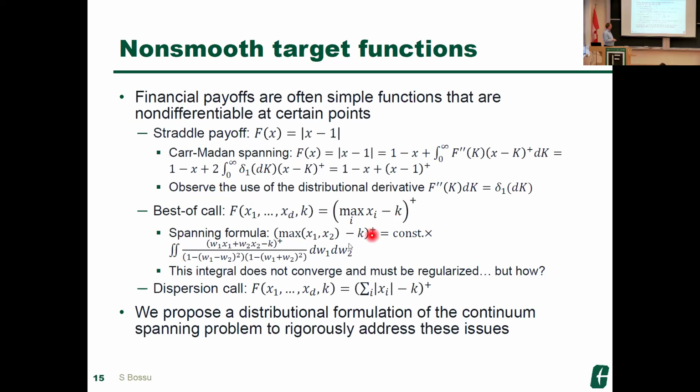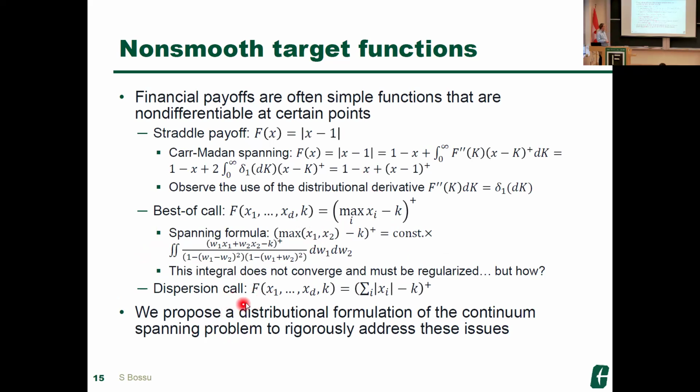For a best-of call, I found a spanning formula in my thesis, but there were some details left for later research, and I guess this is kind of an answer to that. I got a closed form solution in the quantities of basket calls that would replicate a best-of call option, but if you try to put that into a double integral against the weights, you have an integral that doesn't converge and has to be regularized, and so that was left for later research.